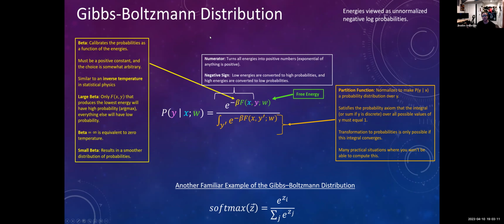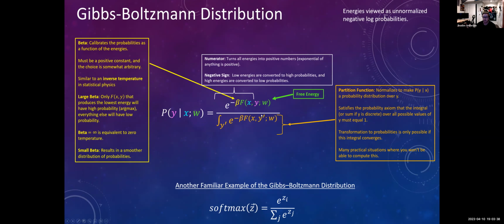Okay, so now I want to introduce the Gibbs-Boltzmann distribution, and it's going to draw a connection between our energy-based models and familiar probabilistic approaches. Gibbs-Boltzmann is one method to take any set of numbers and turn them into something that looks like a valid probability distribution, meaning all numbers are between 0 and 1 and they sum to 1.